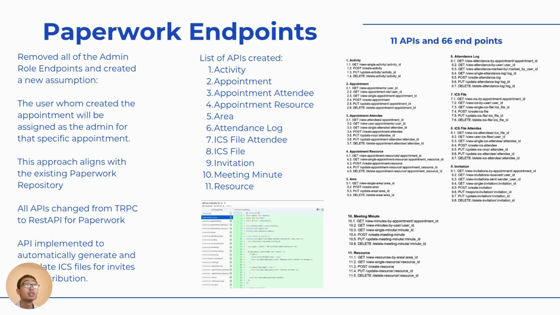So for that, we assume that the user who created the appointment will automatically be assigned as the admin for that specific appointment. And also, because we moved back to the paperwork repositories, we moved from the TRPC APIs back to the traditional REST API, which is much more convenient for us.